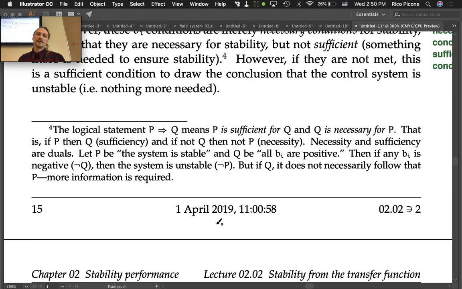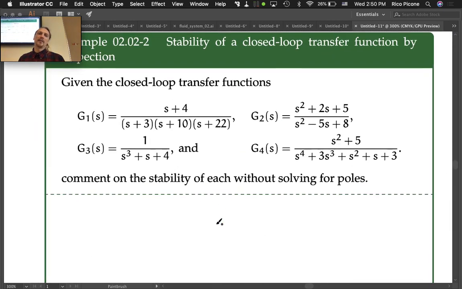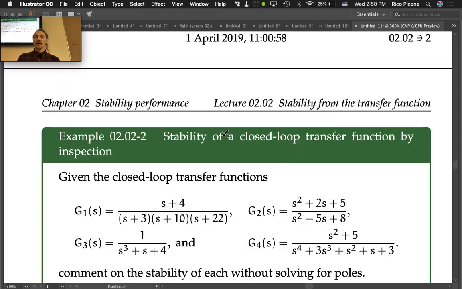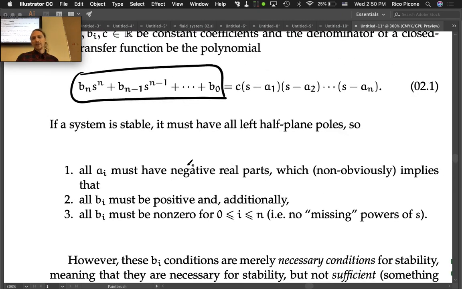So let's look at an example of this. Let's comment on the stability of each of these transfer functions without solving for the poles. G1: the poles are essentially given to us, right? The A's are all negative: -3, -10, -22. All the A's have negative real parts, and since they're also the poles, we've essentially cheated and solved for the poles.